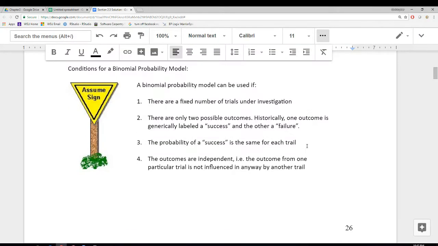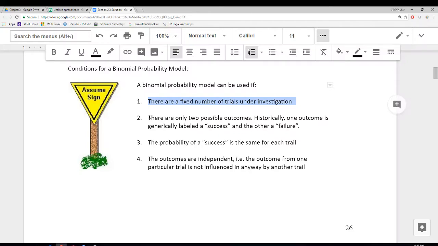Let's talk about those now, though. A binomial probability model can be used when there are a fixed number of trials under investigation. So the number of trials that we're going to look at needs to be fixed. That cannot change throughout the investigation or throughout the study.